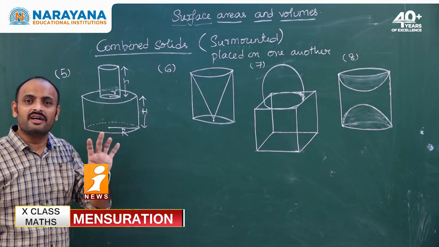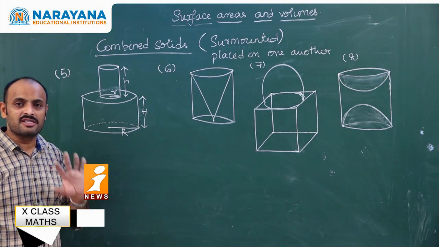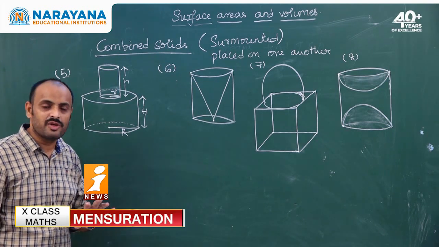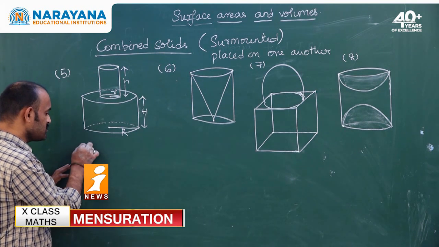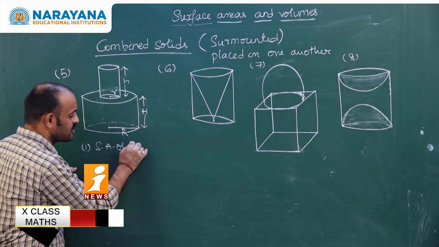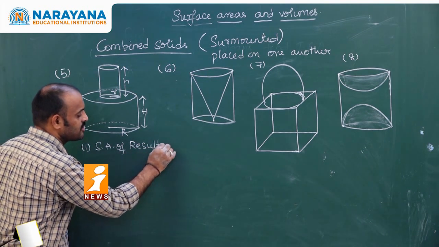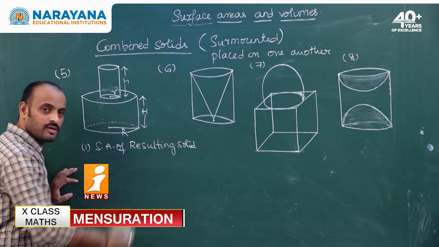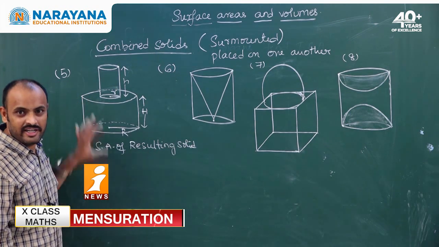See, surface area means wherever we can see the surface, that surface has to be added. First thing, surface area of the resulting solid. Whatever I can see, I will write it first.